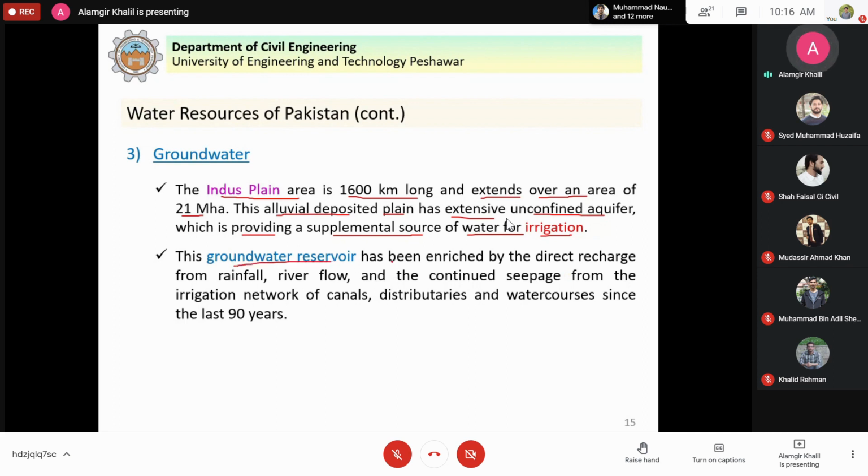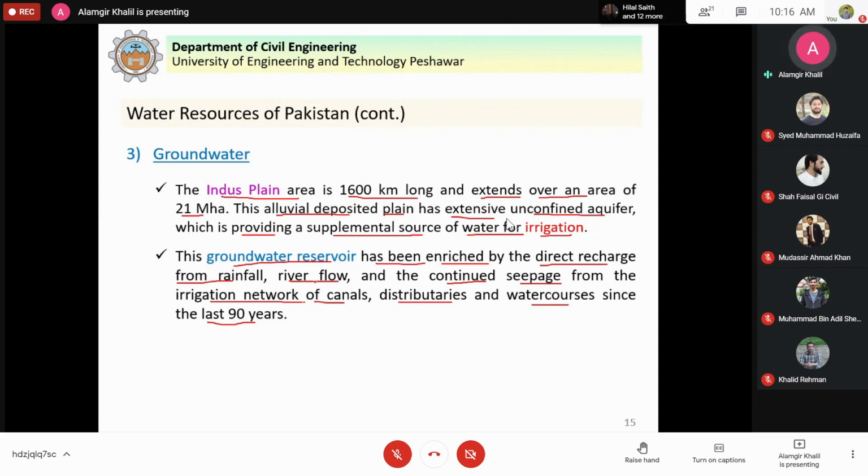This groundwater reservoir has been enriched by the direct recharge from rainfall, river flow and the continued seepage from the irrigation network of canals, distributaries and water courses over the last 90 years. So the aquifers that exist are recharged from the rainfall. The rainfall occurs, it infiltrates and ultimately joins the groundwater.